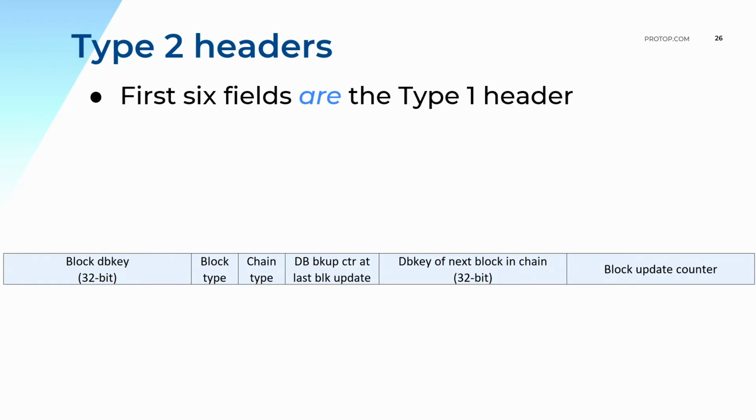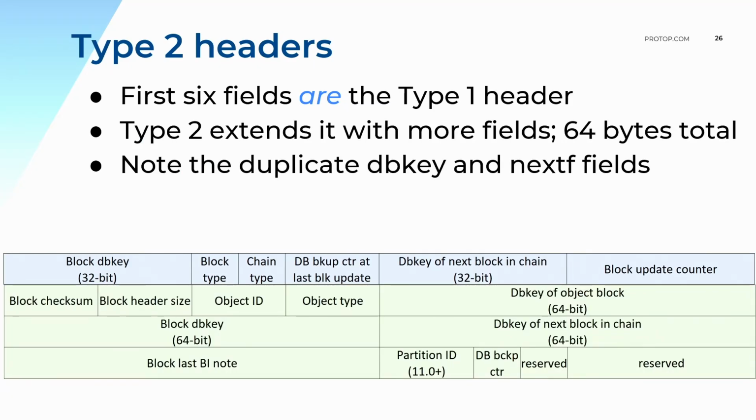And then in type 2, we have 12 more fields, a bunch more metadata. And you'll note that we also have a couple of duplicate fields. We have our old 32-bit DB key field plus the new 64-bit. This is what allows these areas to grow larger because they have larger addresses. And again, next block in chain is duplicated as well.